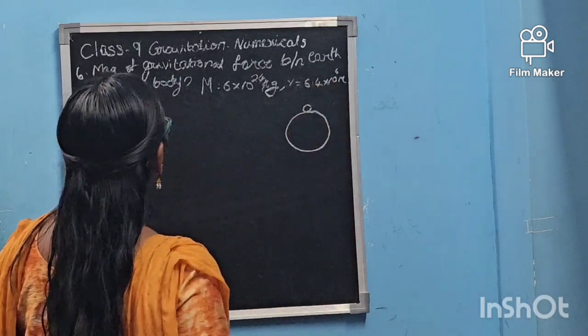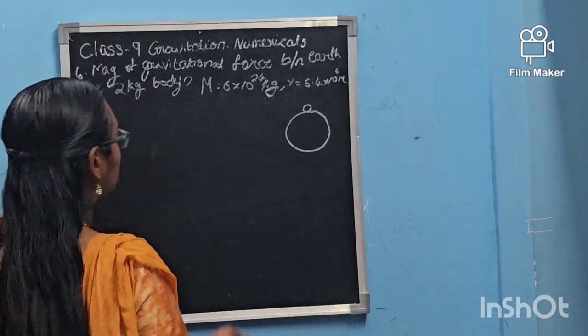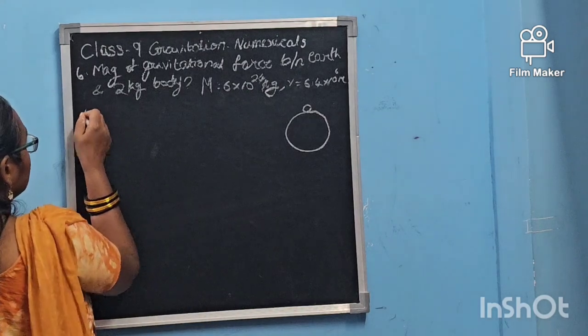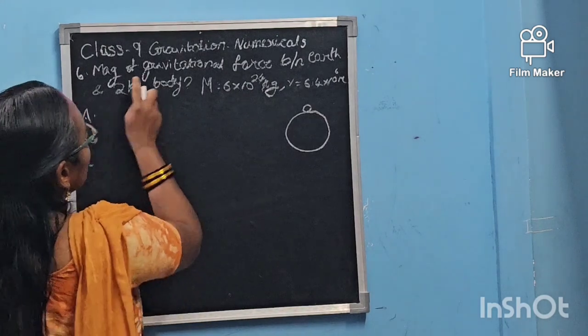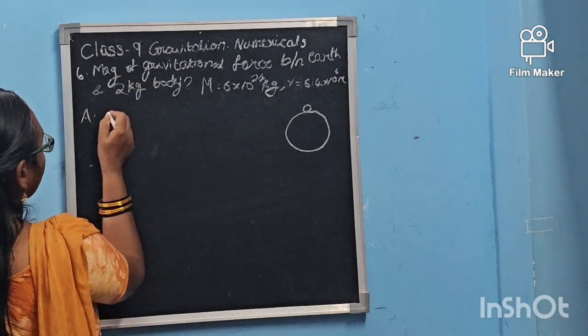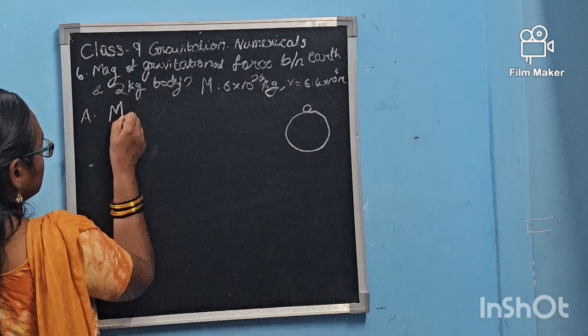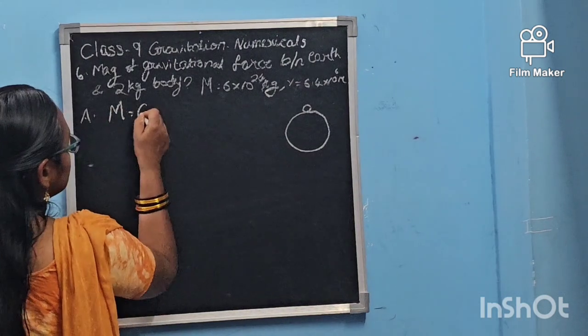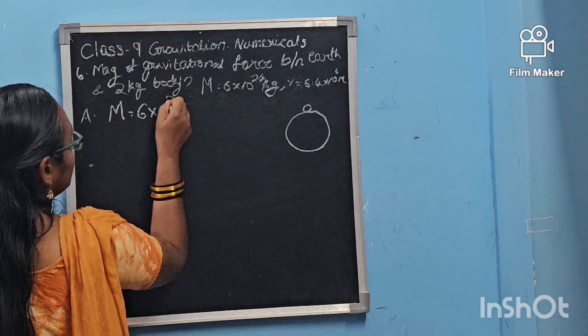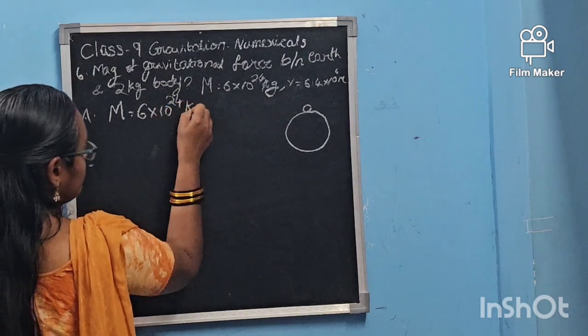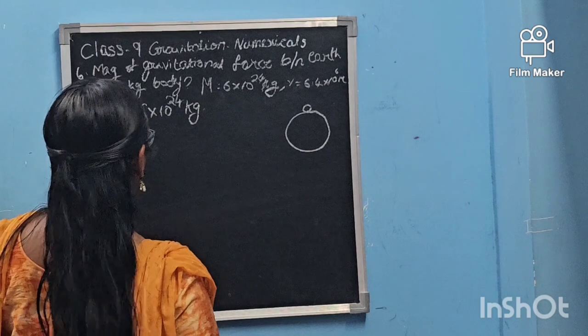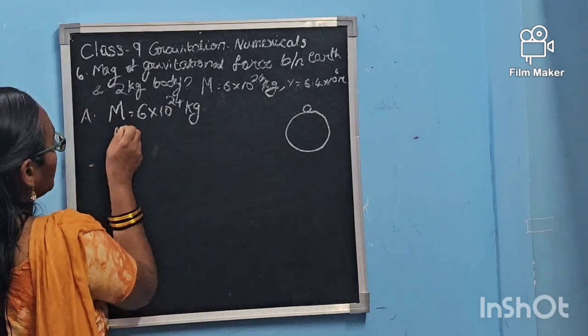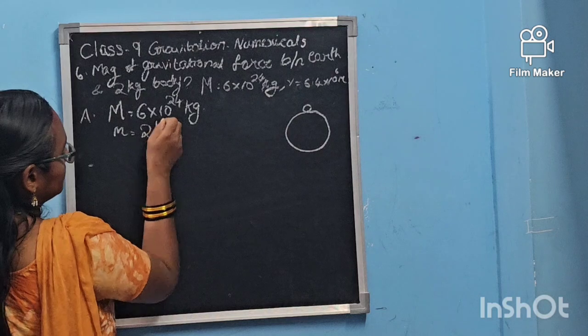Now we have to write all the things which we know. Mass of the Earth is given as 6 into 10 raised to 24 kilogram. Capital M we found out. What is small m? Small m is equal to 2 kilogram.